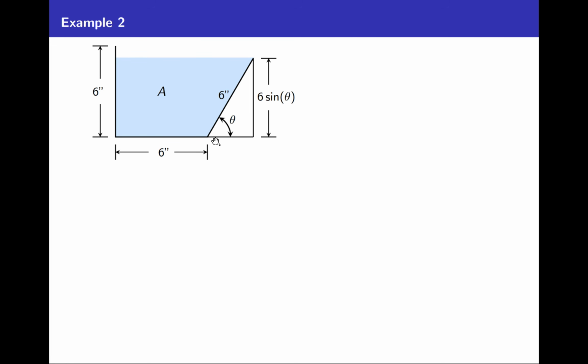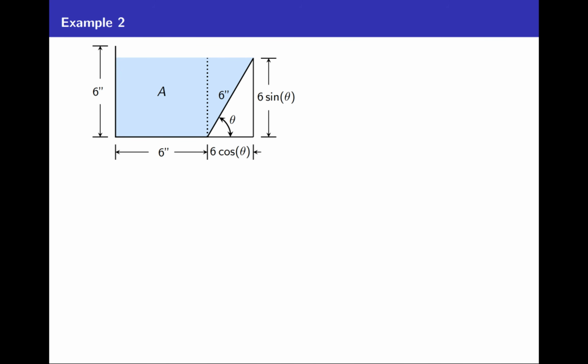And let's see, what else could we do to give dimensions to this picture? We could also find this distance right here. That would be 6 cosine theta from trigonometry. So we're starting to add dimensions to this figure.